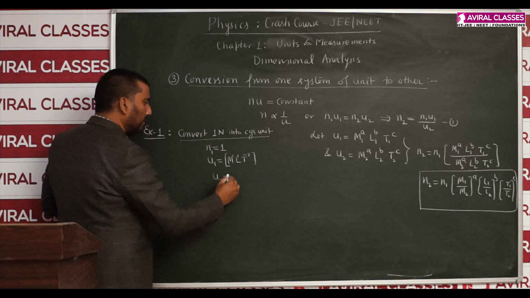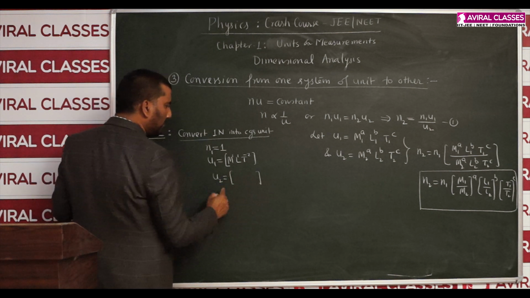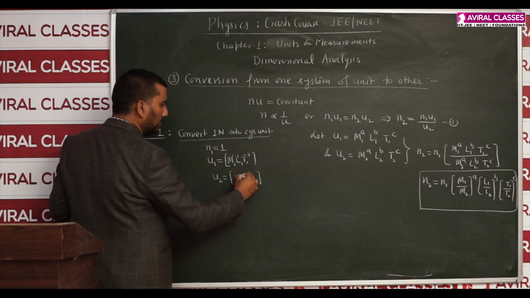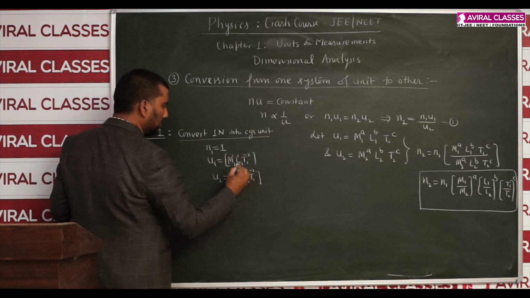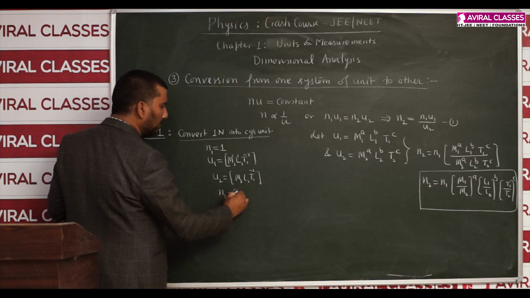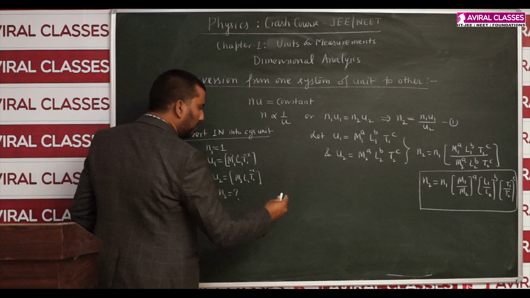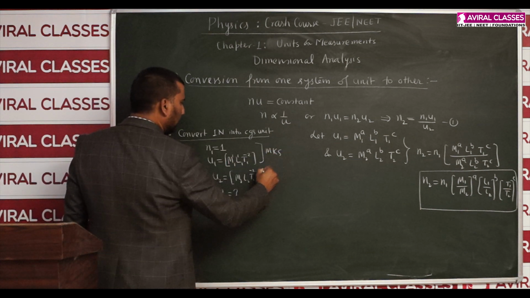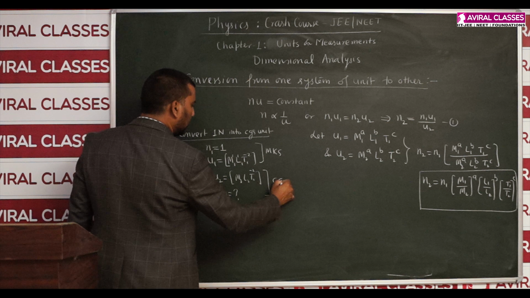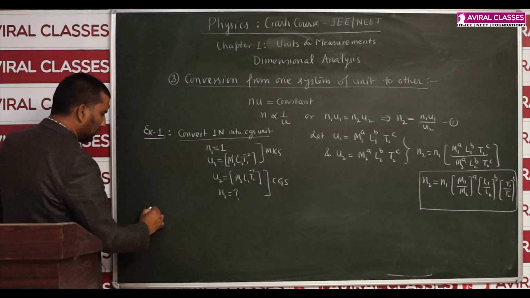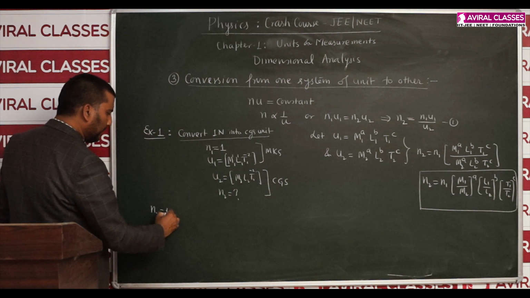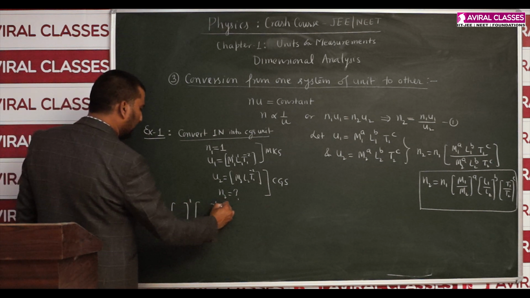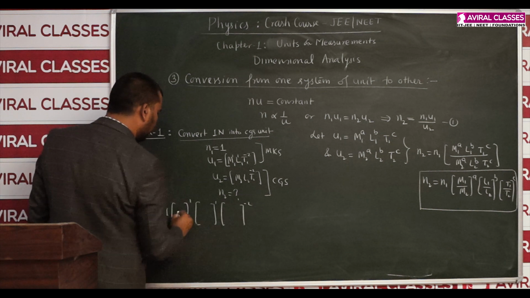U2 is also same but having different base. N2 we don't know. Now according to that formula, this one is MKS, this one is CGS. So N2 is N1, which is 1, times the ratio with powers 1, 1, minus 2.